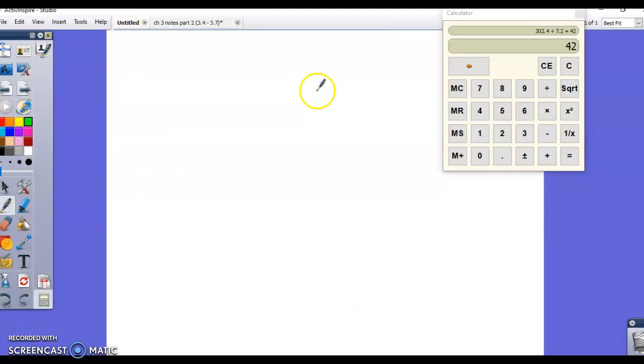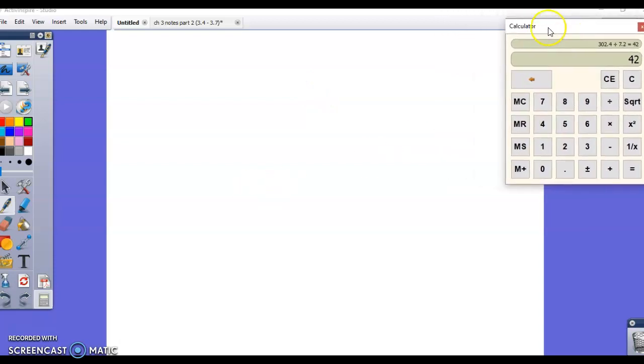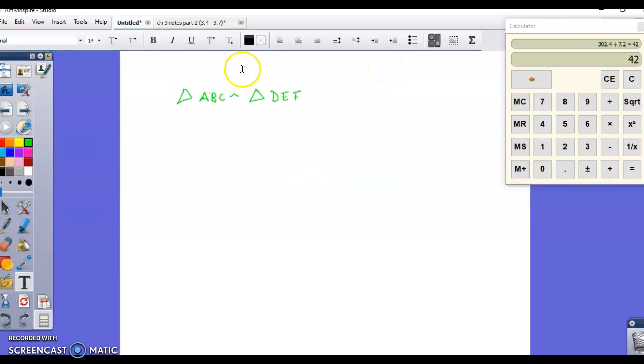All right. To add another example, some of the questions you might see are dealing with triangles. So we might say triangle ABC is similar to triangle DEF. Okay, so let's pretend here, let's just say here we know this.